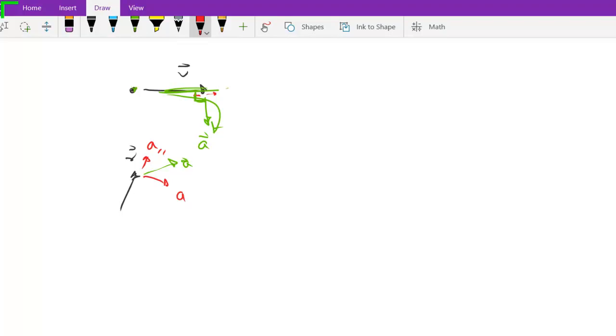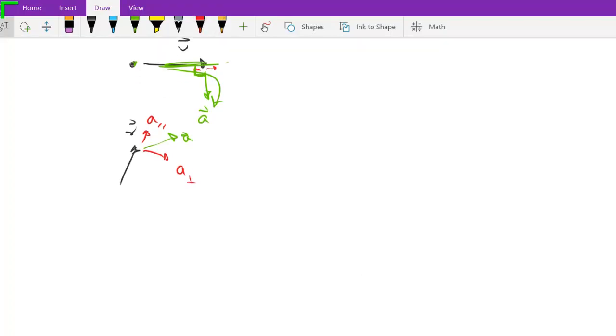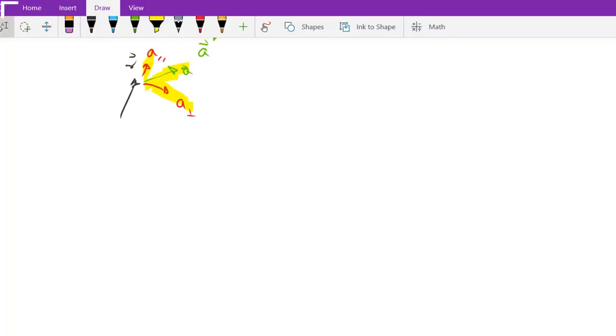This would be a perpendicular. And so then we would see that this acceleration is causing this particle to speed up because of the parallel component. It's speeding up here, and it's also turning to its right because of this perpendicular component. So we can look to see what this acceleration is going to do by looking at the parallel and perpendicular components.